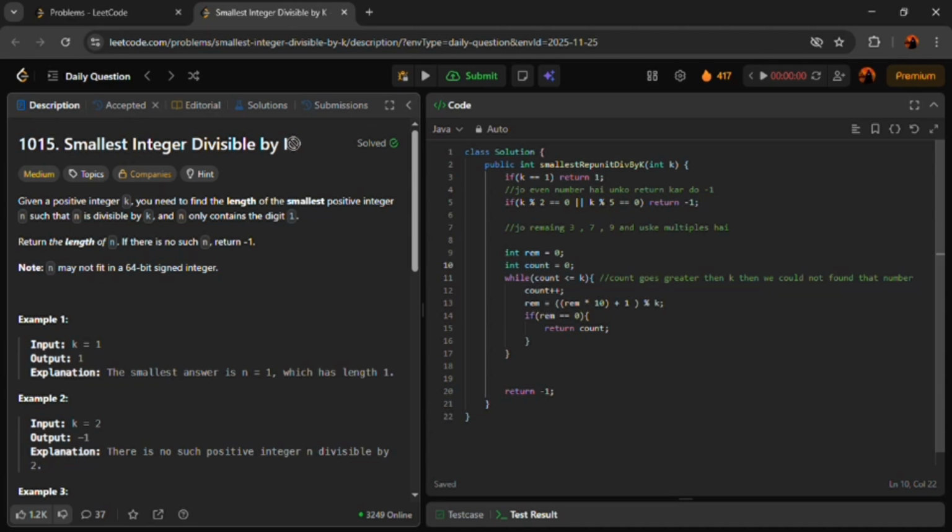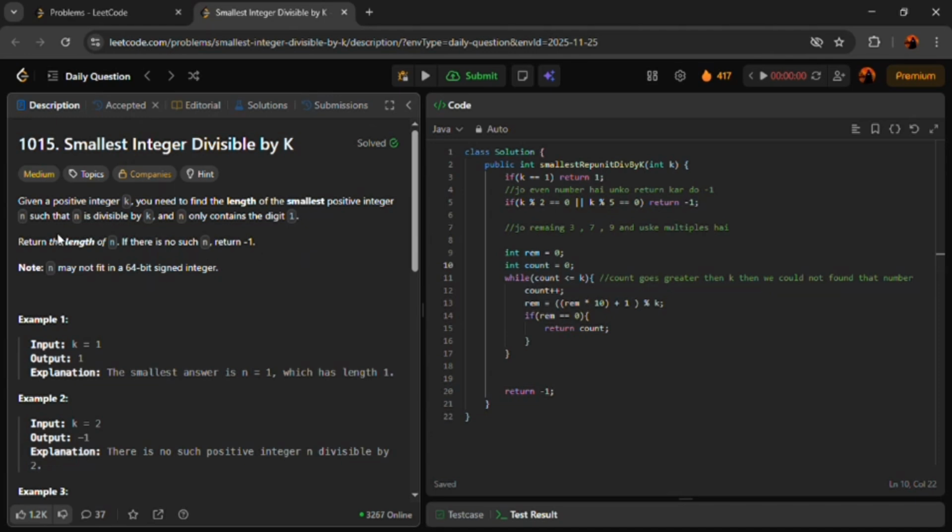Okay, so let's read this question first. Given a positive integer k, you need to find the length of the smallest positive integer. Means what the question says: if you are given the integer k, you have to find the smallest positive integer that is divisible by k.